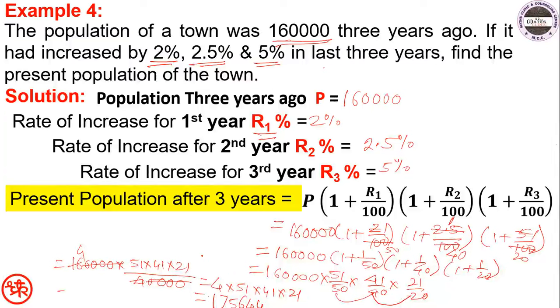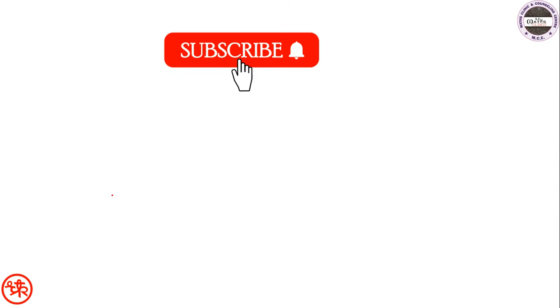So what is the present population here? 175,644 is the present population. Is that clear? So in this way, this is how the population increases or decreases at the given rate.